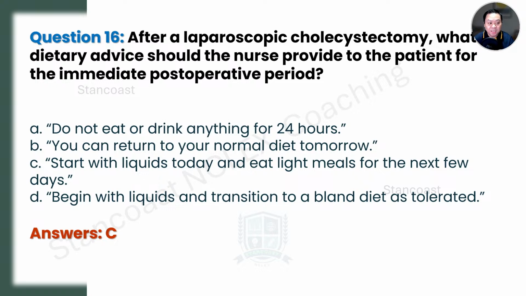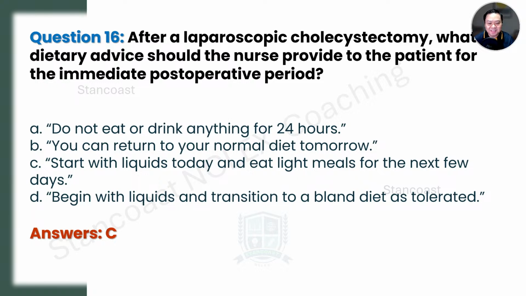Okay. If you selected letter A, do not eat or drink anything for 24 hours. There is no need for us to avoid all food and drinks. We can introduce the liquids shortly after the surgery, and of course after they have the gag reflex, right? Letter B, you can return to your normal diet tomorrow.